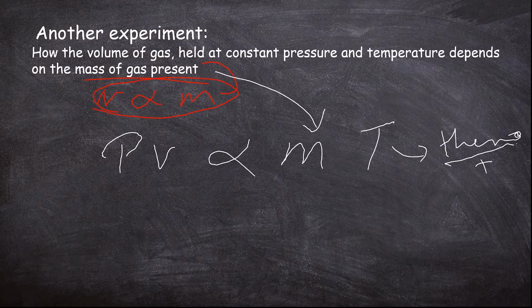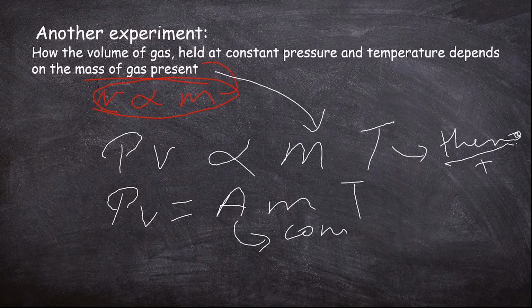Next, let's take A as a constant of proportionality. This is the constant of proportionality.